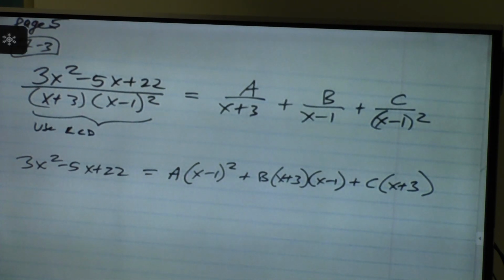So you can check periodically to see if you're on track. You'll be a few steps ahead of me, but I'm going to show the steps up here as I get to them, just a step or two behind you.